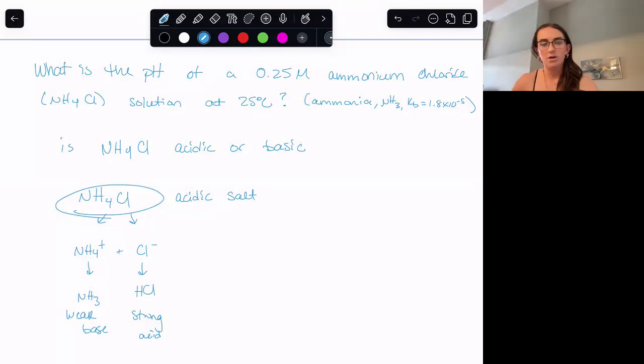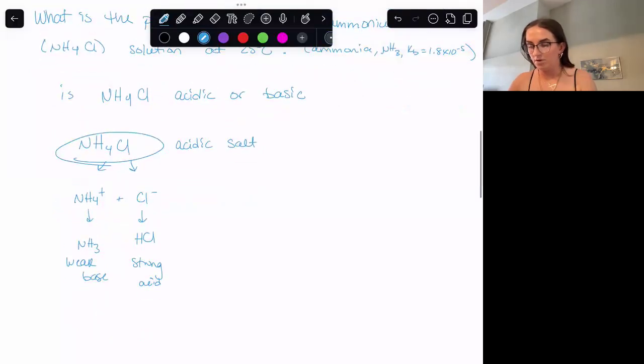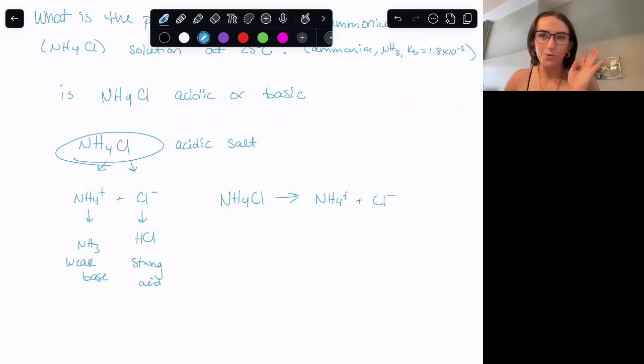So once we have this salt, NH4Cl is going to break apart into NH4 plus and Cl minus. If something's strong, we don't really care about it anymore.